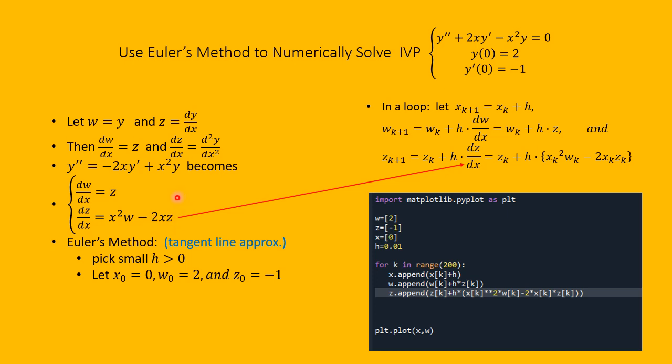Now why did I do this? What is going on here? If you look at these equations, on the left-hand side of these two equations, I have the derivative of w with respect to x and the derivative of z with respect to x. On the right-hand side of these equations, we don't see any derivatives at all. What we see are z's and w's, and also x occurs, which was more or less the independent variable that we started with in our initial value problem.